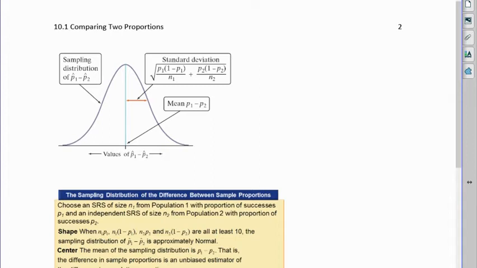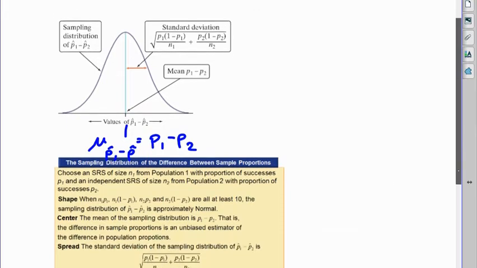So this shows the normal curve for our sampling distribution, centered here at the bottom at the mean value, which is going to be your P sub 1 minus your P sub 2. Notice, although this is a sampling distribution for the statistics, it's the population values that help you figure out the actual expected center of it.